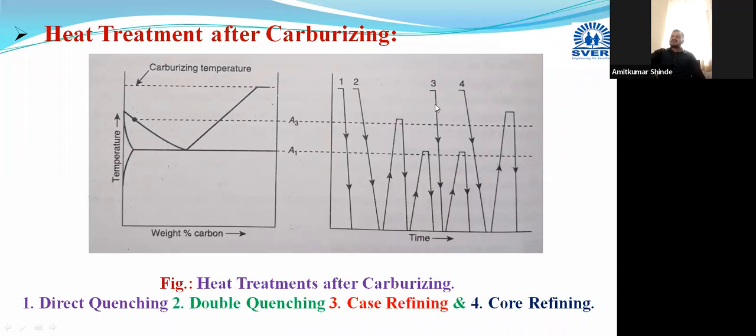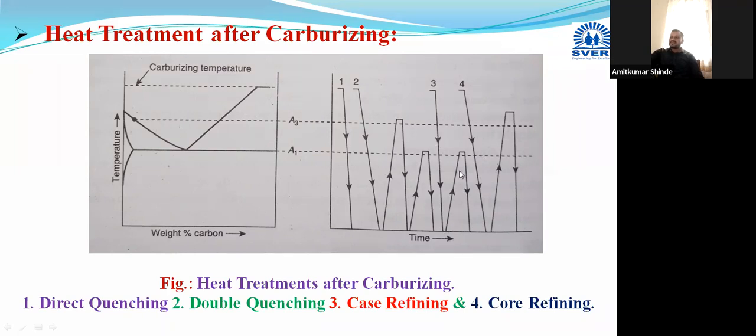Then the third type of quenching, which we use as a heat treatment after carburizing, is case refining. In case refining, after carburizing, we collect that component and it is directly quenched in water, that is, rapidly cooled.